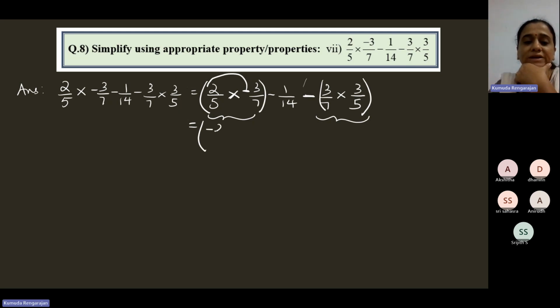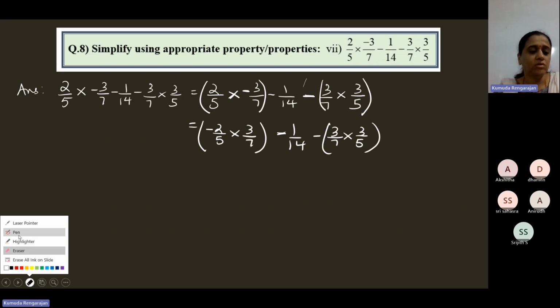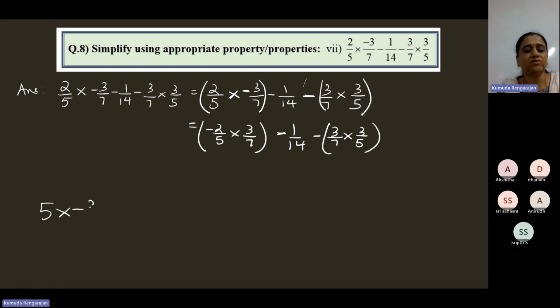You can write this as minus 2/5 into 3/7, minus 1/14, minus 3/7 into 3/5. See, because what is 5 into minus 3? Minus 15. If you put the minus sign here for 5, minus 5 into 3, that also is minus 15 only.